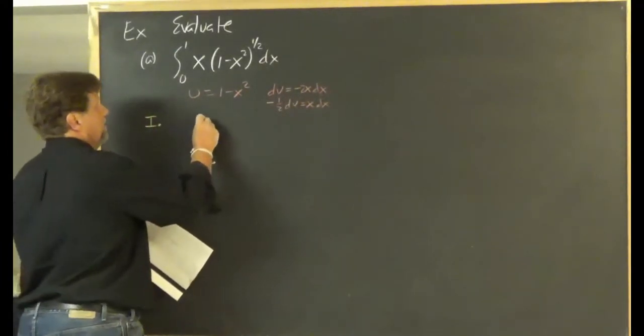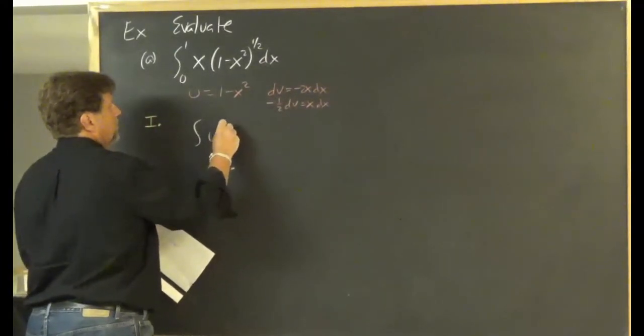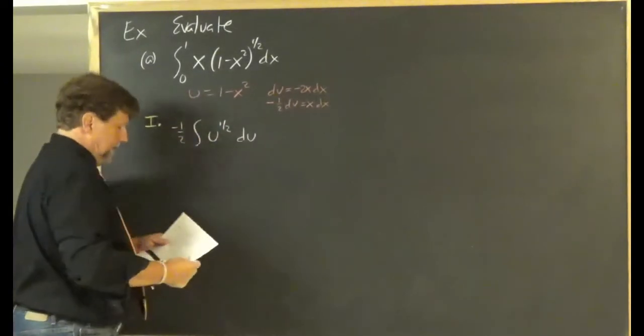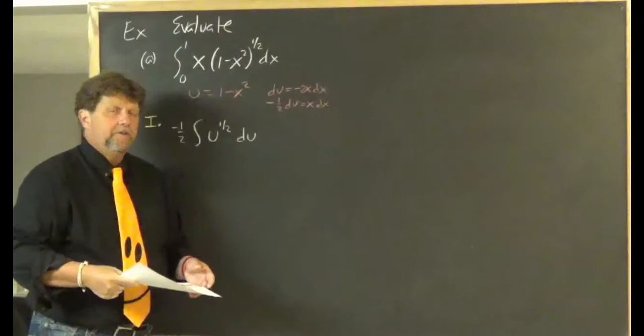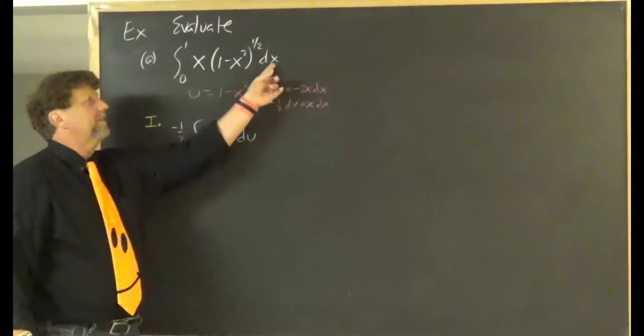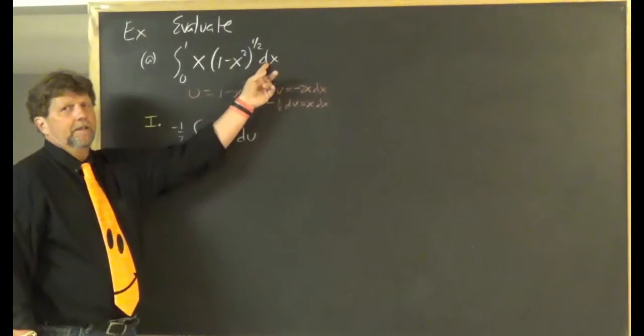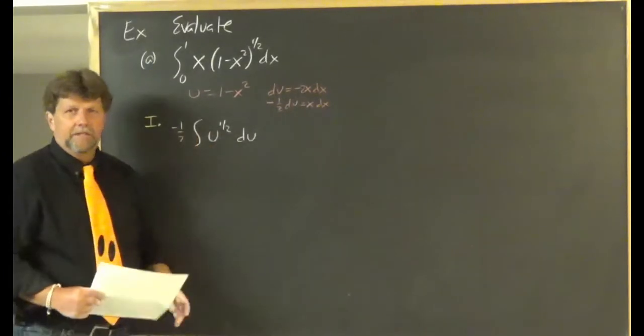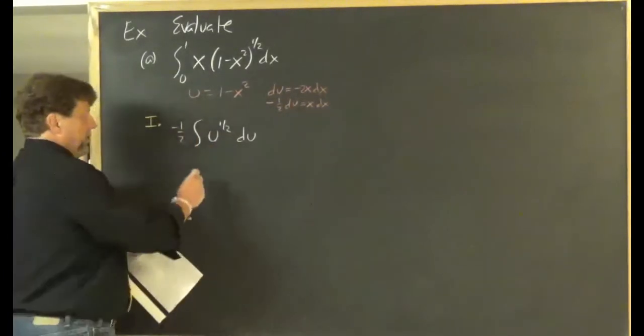Make the u sub. And I said leave off the limits of integration. These limits of integration belong to the variable x. They do not belong to the variable u. So do your u sub, leave off the limits of integration. Get your antiderivative.